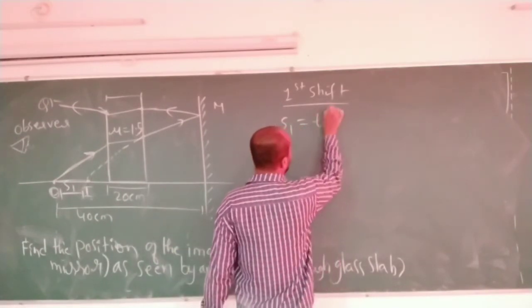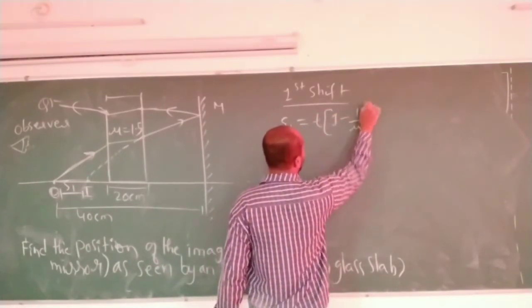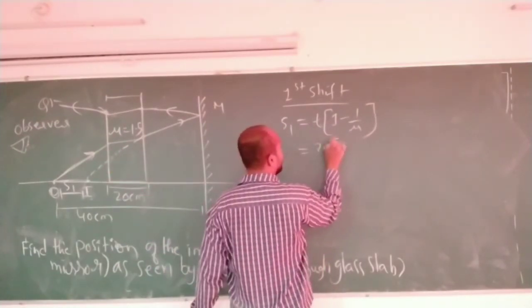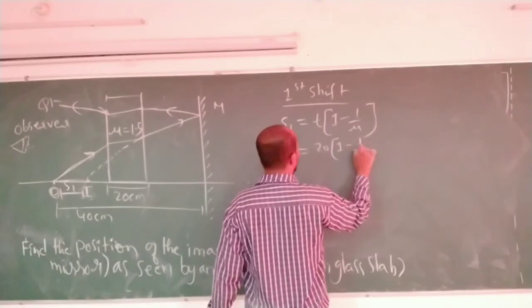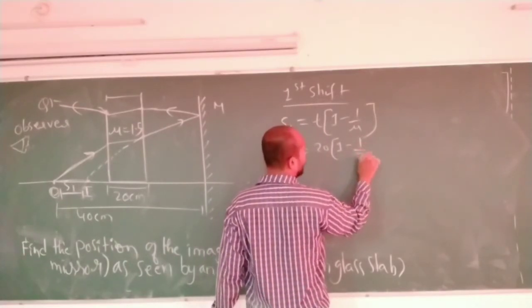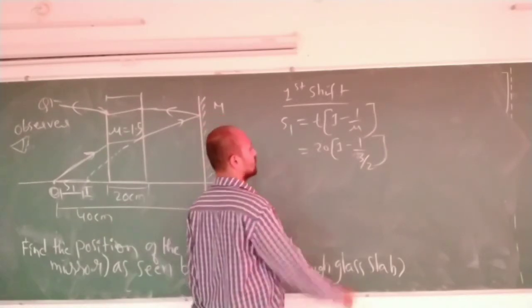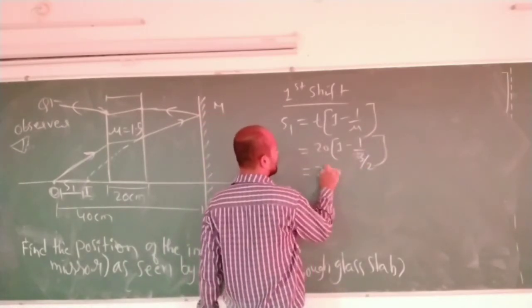S1 will be equal to T into 1 minus 1 divided by mu. In this case, the surroundings are air, so this will be 20 into 1 minus 1 divided by mu, where mu is 1.5, which I can write as 3 by 2. So this will become 20 by 3.